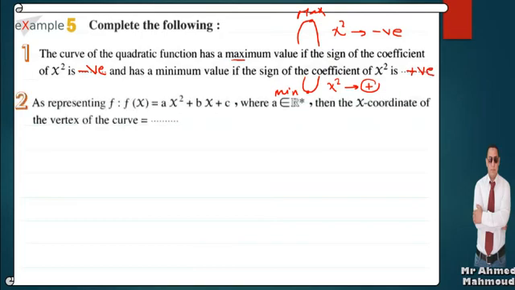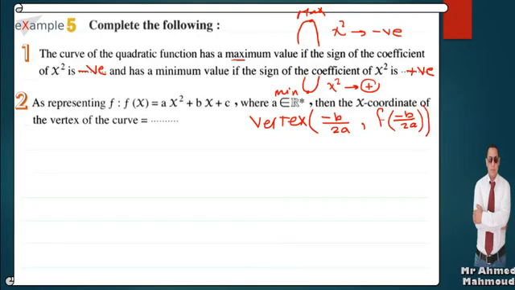representing f of x equal ax power of 2 plus bx plus c, where a belongs to R star, means R without 0, then the x coordinate of the vertex of the curve is, remember this rule, negative b over 2a, and f of negative b over 2a.